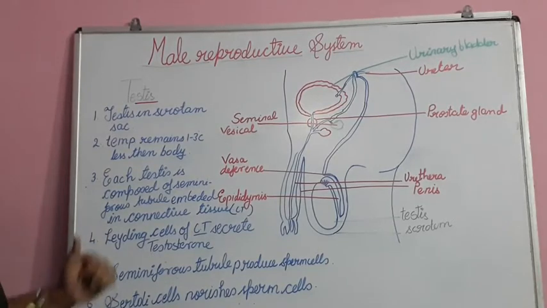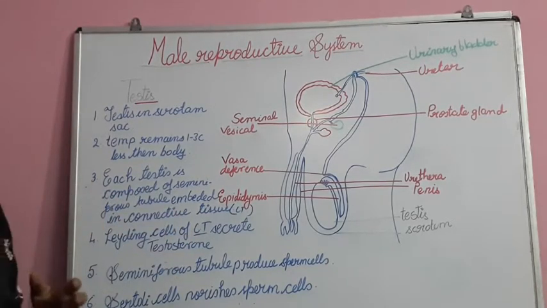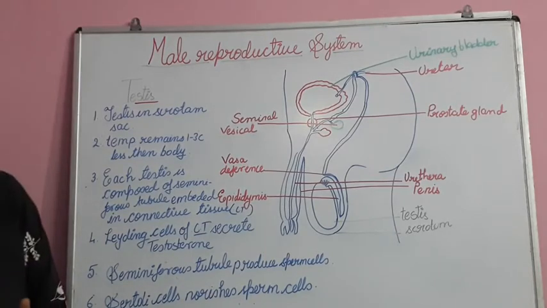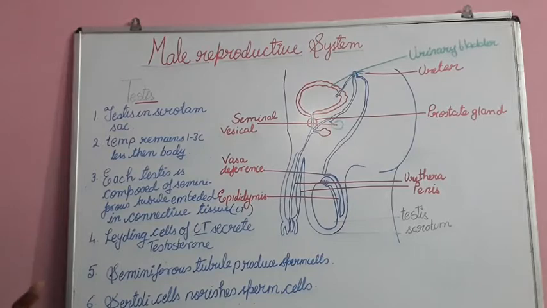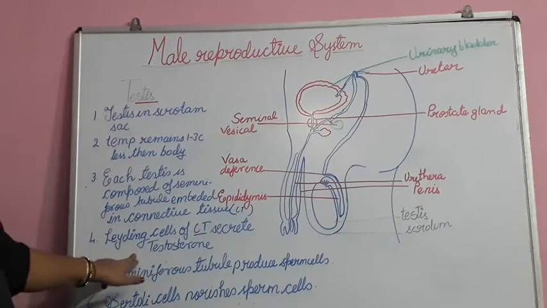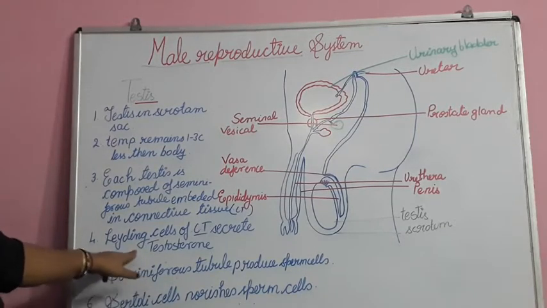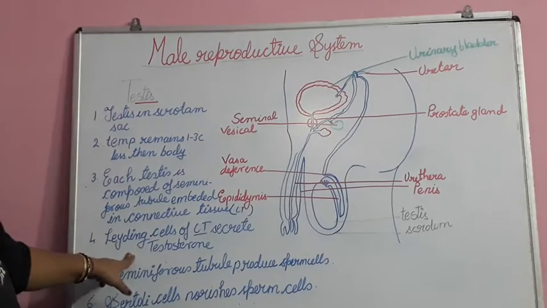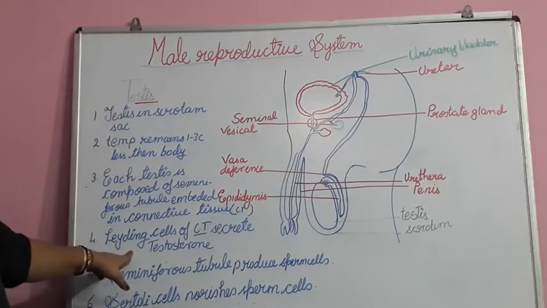These connective tissues are responsible for two things: producing the testosterone hormone, which is the male reproductive hormone, and secondly, having the Leydig cells. These are the two functions of the connective tissues in the male reproductive system.